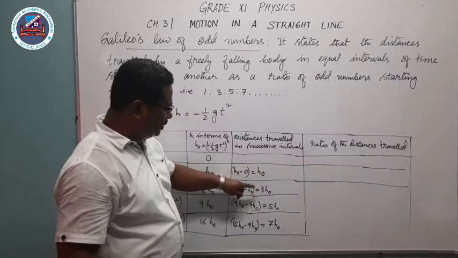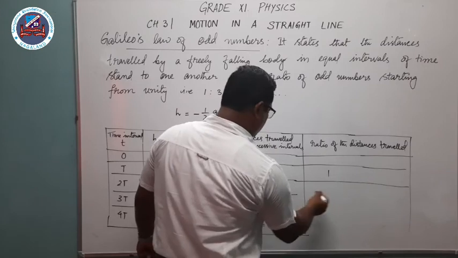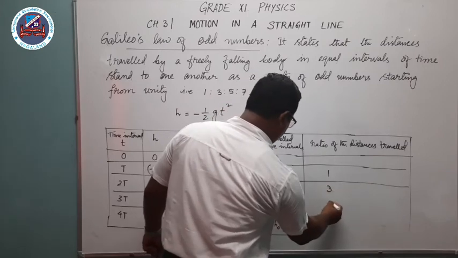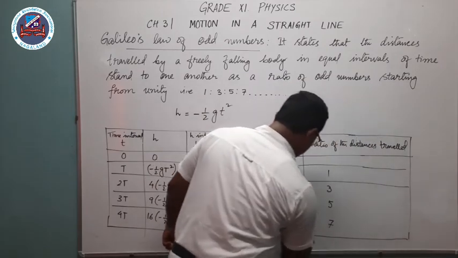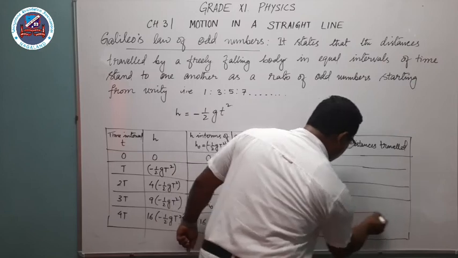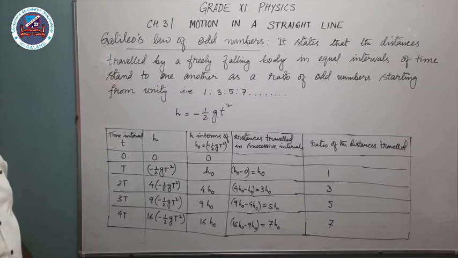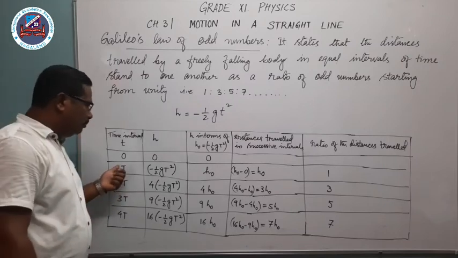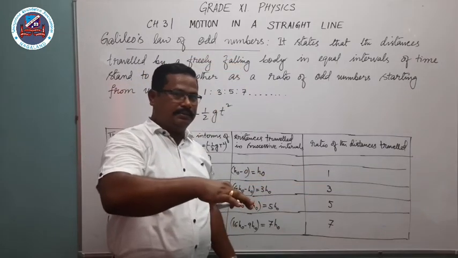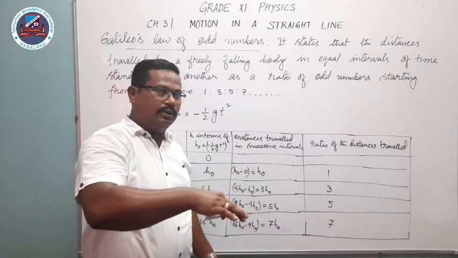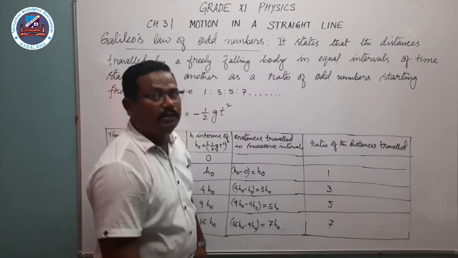If you take the ratio, you will get 1:3, 1:5, 1:7, 1:9, and so on. This is what Galileo's law of odd numbers says. That means, if in 1 hour a body falls 1 kilometer, then in the next hour it will fall 3 kilometers, and in the next hour it will fall 5 kilometers, and so on.